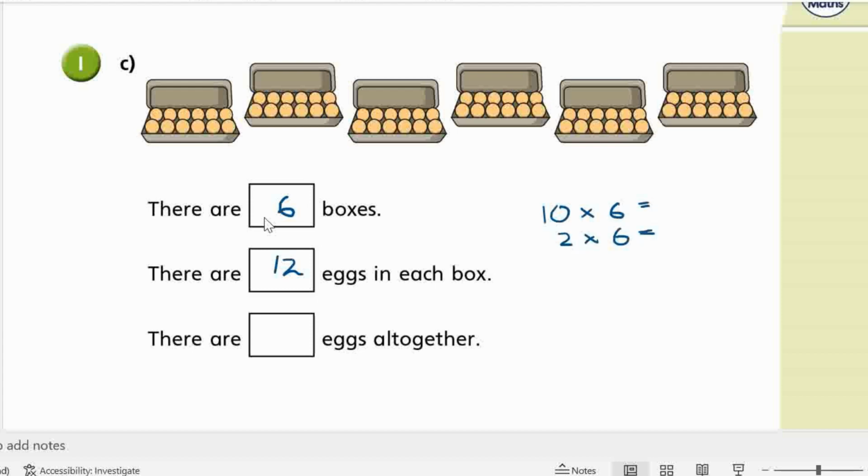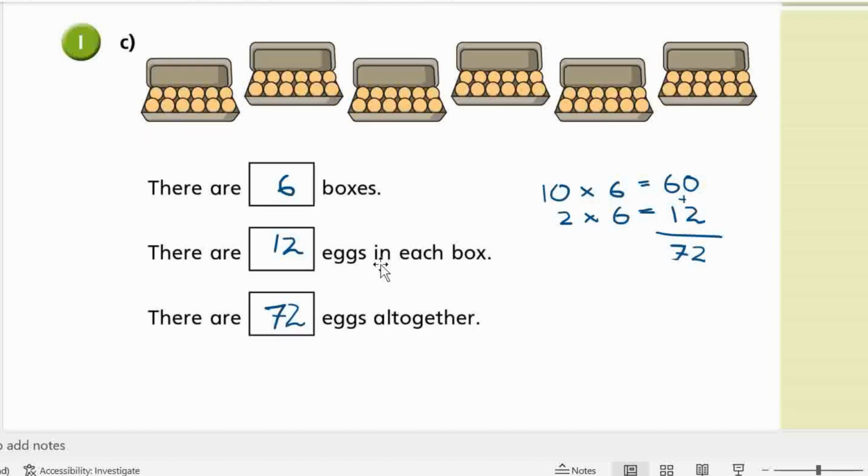So what do you get? 10 times 6? 2 times 6? Okay, and then you add them, and what do you get? Yeah, 72. So altogether it's 72. When you do the 12 times table, it's easier to break it down like that.